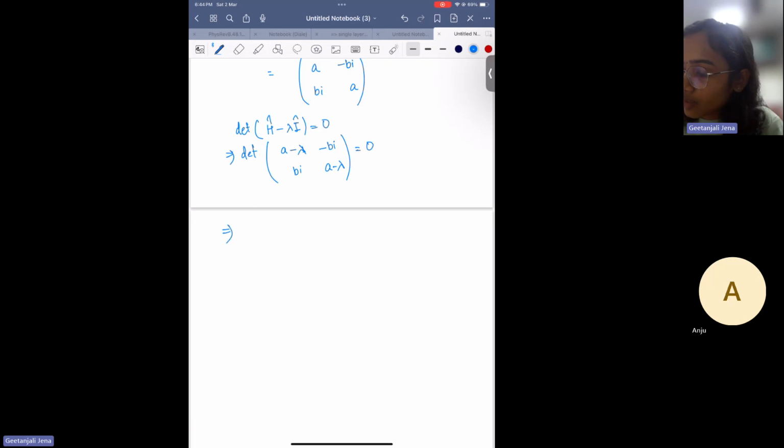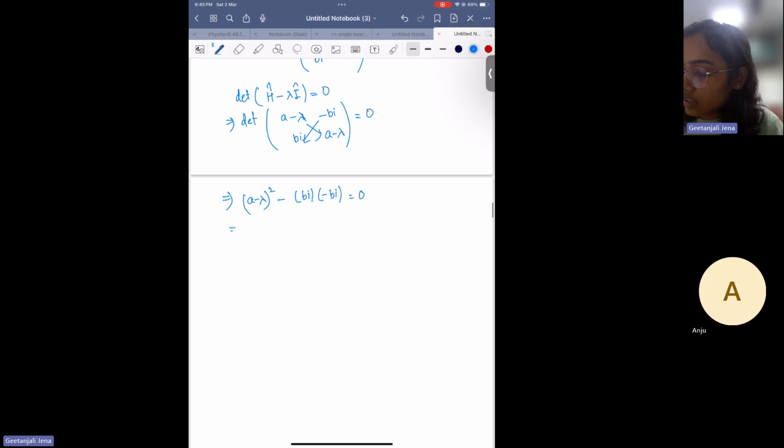So the determinant is nothing but this cross this minus this cross this. So this is (A minus lambda) squared minus (minus Bi)(Bi) equal to 0.